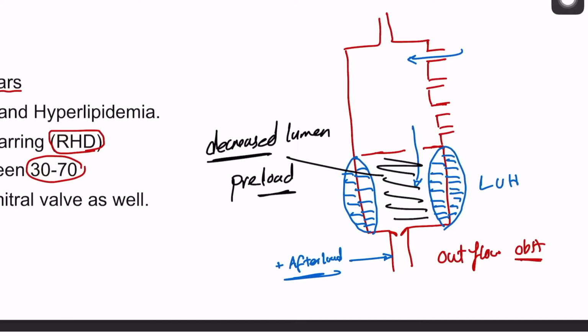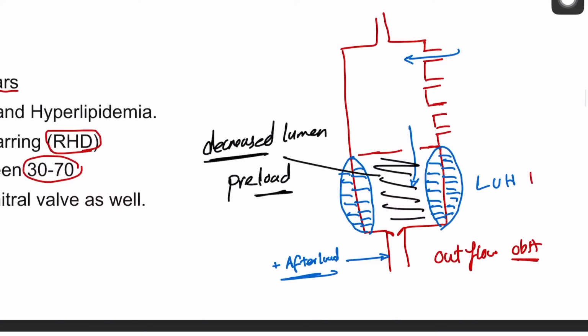So we have three things in the pathophysiology of aortic stenosis: one is left ventricular hypertrophy, two is increase in the afterload, and three is decrease in the preload. That will decrease the heart function and efficiency with time, and it can even lead to heart failure.